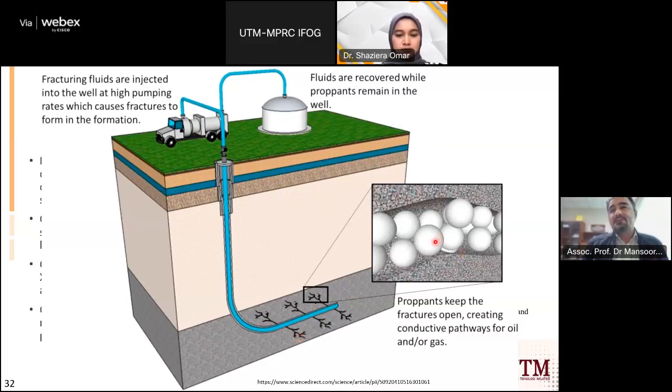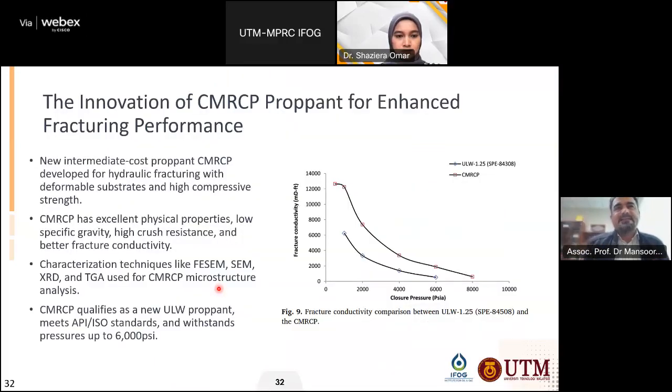That's why we call it proppant. So proppant needs to be injected down there to prevent closure of these fractures and provide a pathway for the fluid to flow from the reservoir to the wellbore.